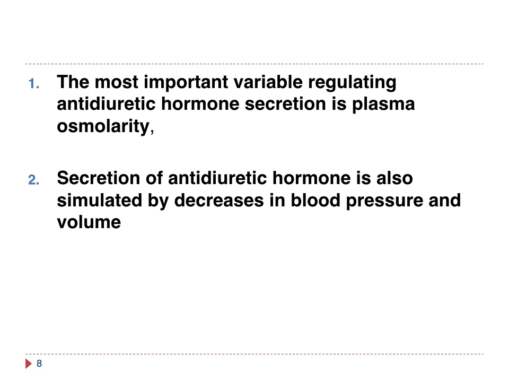For example, loss of 15 to 20% of blood volume by hemorrhage results in a massive secretion of antidiuretic hormone. Another potent stimulus of antidiuretic hormone is nausea and vomiting.